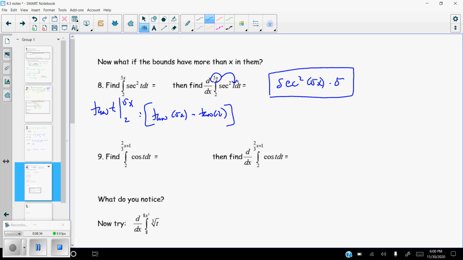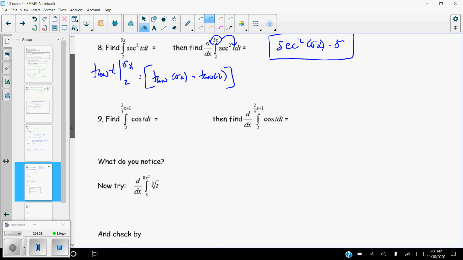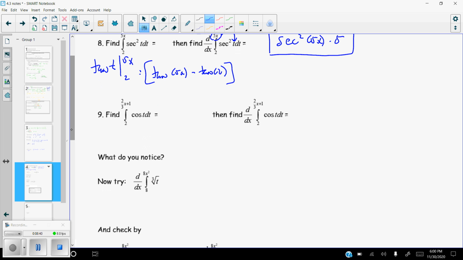Okay, let's try again. As a matter of fact, let's not do the long process. Let's just go straight to this step right here. According to what we just said, we take this right here and we plug it in for t.